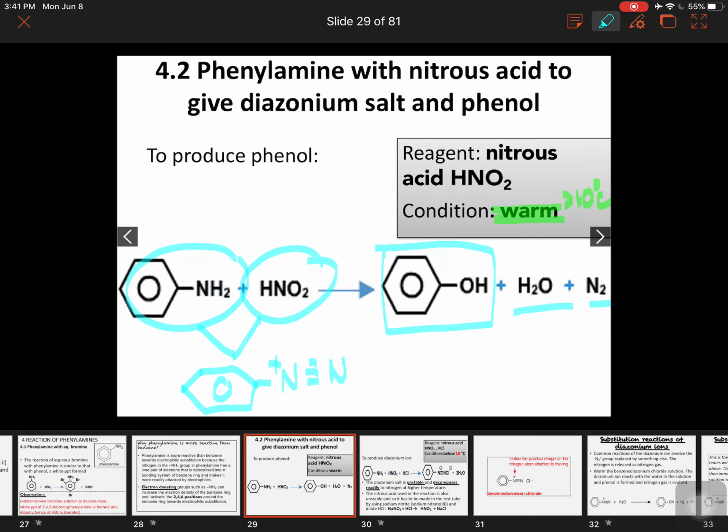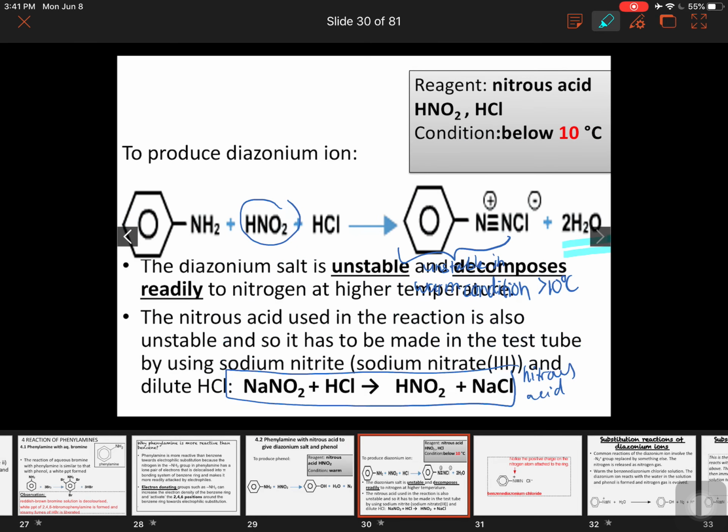But you don't see it in the mixture because of the warm temperature. This immediately breaks down or decomposes. So when it decomposes, you release the N2 as nitrogen, and then the OH is directly attached to the phenyl ring.